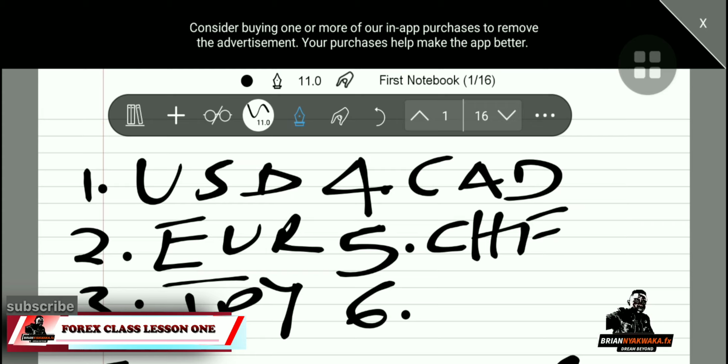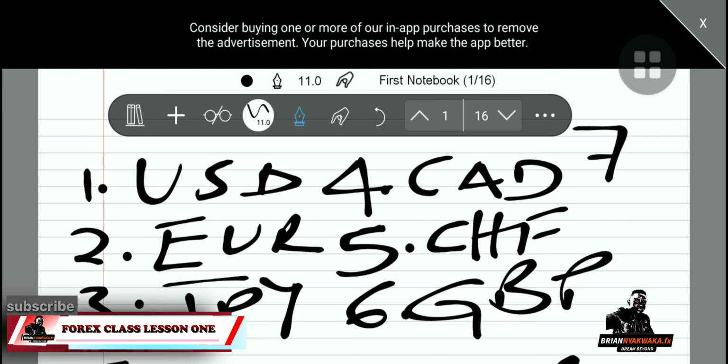Great Britain pound, and lastly we have Zimbabwean dollar. So any other currency apart from these 7 currency are referred to either minor currency or exotic currency.